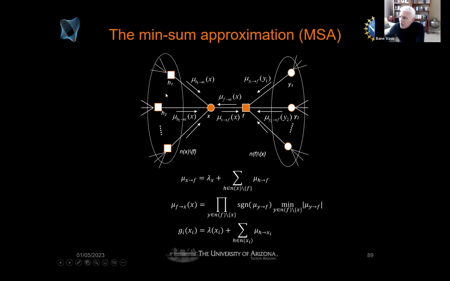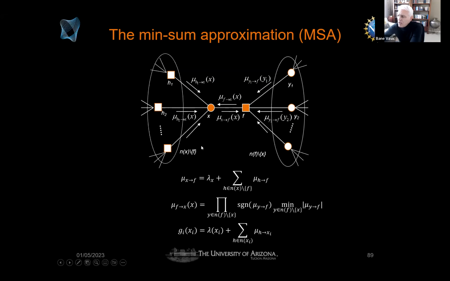Let's say that I want to compute the message that is sent from a variable node to a check node. Let's suppose these are beliefs or confidences or likelihoods that correspond to these edges. These likelihoods or beliefs are beliefs about a variable node that are obtained from these check nodes.